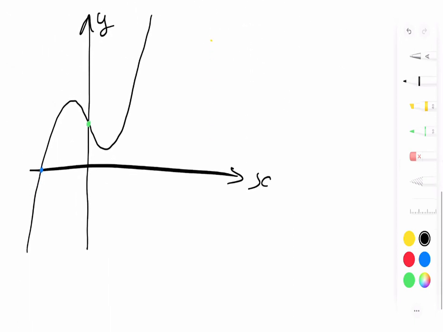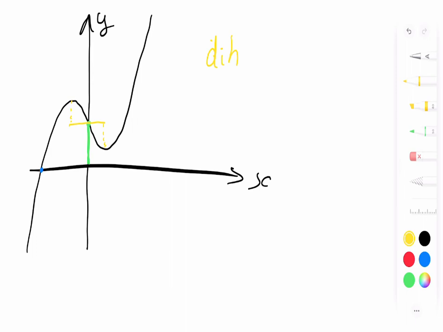Looking down here, we have q, which is the value of the y-intercept, which is just this green value here. And I'm going to refer to the difference in y values of the maximum to the minimum as DIH, difference in height.